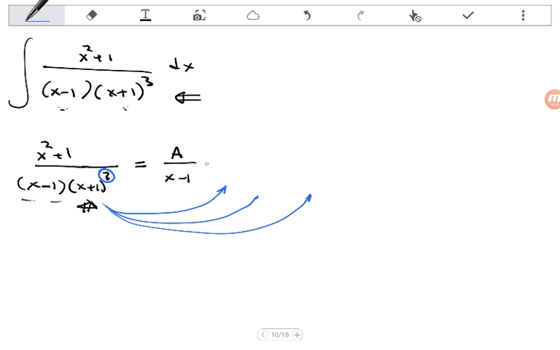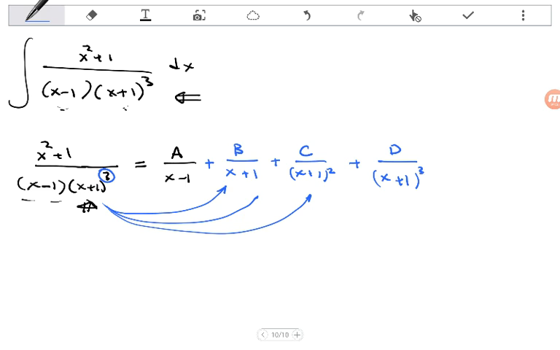What are the forms of these terms? It will be a constant b over x plus 1 to the power 1, the other will be c over x plus 1 all to the power 2, and the third will be d over x plus 1 all to the power 3.